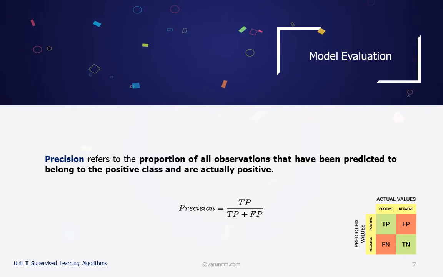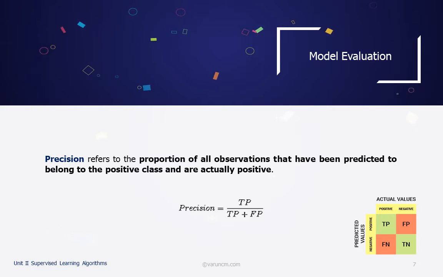So the precision of the machine learning model will be low when the value of TP plus FP is greater than TP. If the false positive value is larger and TP plus FP becomes greater than TP, the precision will be low.